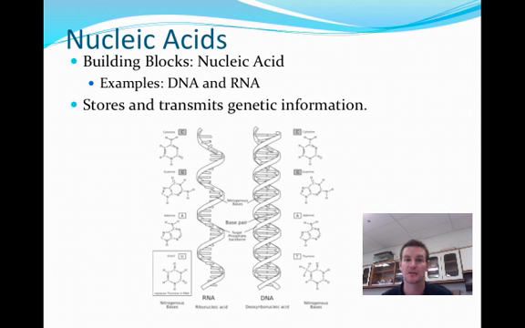You pass on your traits to your kid through your DNA, all right? You might not have heard of RNA, but RNA is very similar to DNA. And when we get into our DNA unit, you'll really understand exactly how different DNA and RNA are, but they both have the job of storing and helping transmit genetic information to your kids. Okay? Very, very simple.